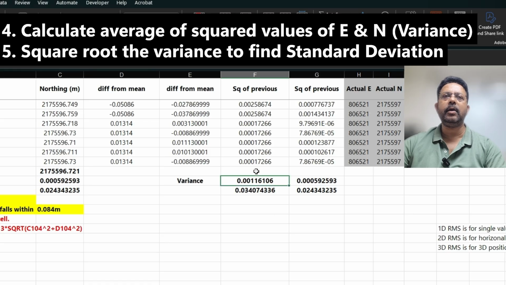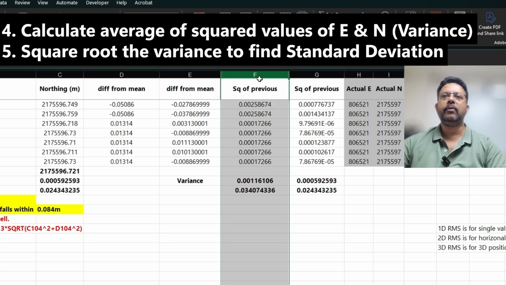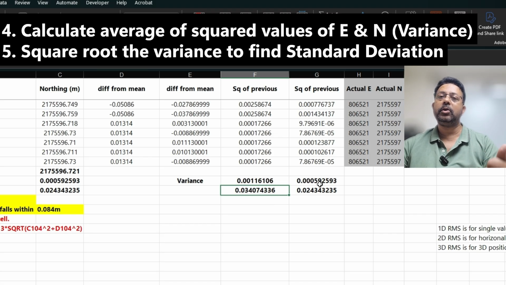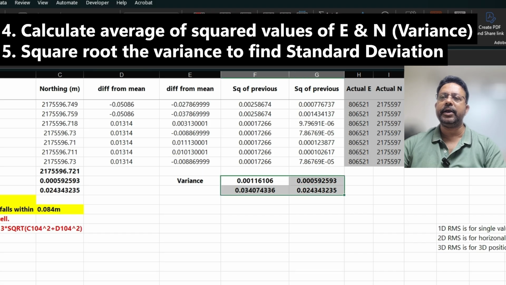In this formula I take the average of the squared values that I have created. So this is the average, and that is the variance for the easting and for the northing. And then I find the standard deviation by taking the square root of that variance number. So that gives me the standard deviation.